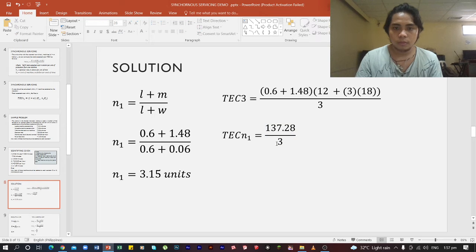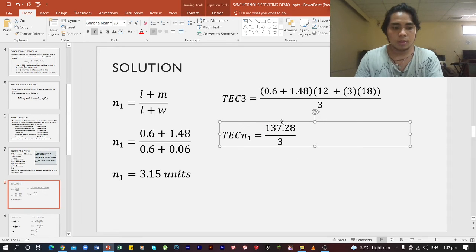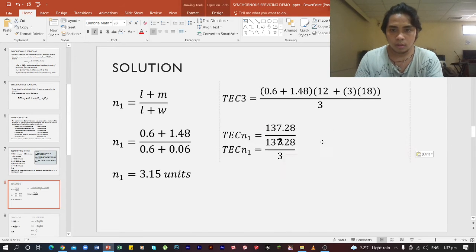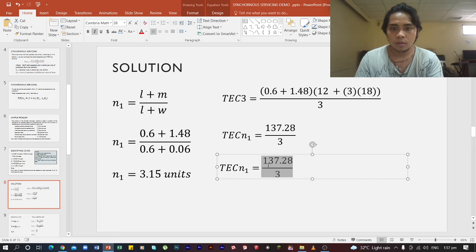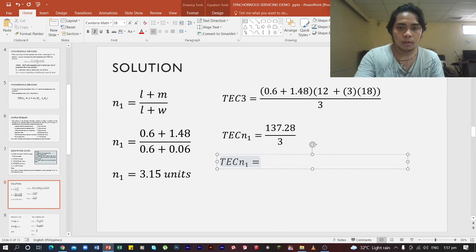So T is C equals over 3 equals 45.76. And we know that it is in minutes, right?